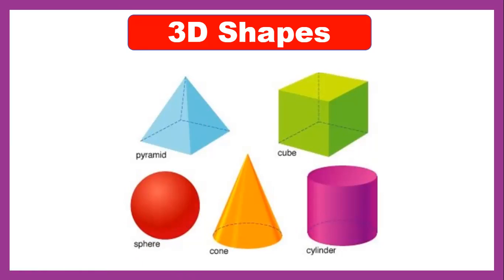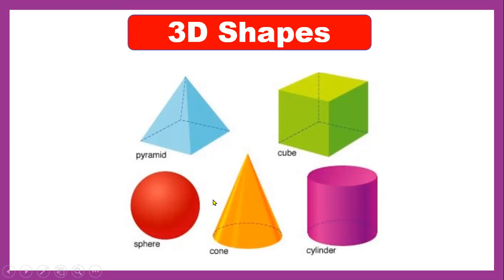It has only one vertex, one corner. This is the cylinder, and the cylinder has three faces, one top, one bottom, and one in the front. Three faces and no vertices.